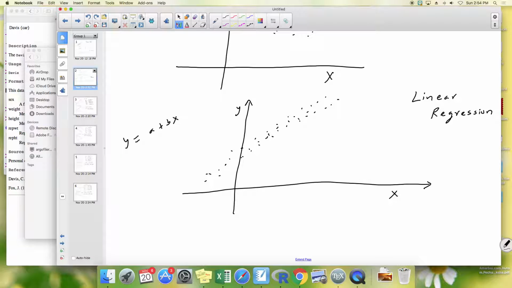I know that in your high school you learned y equals mx plus b, but forget that for now. We'll go with a plus bx. So for now, y equals a plus bx. We are never saying that there's just one line through which all of them exactly follow.